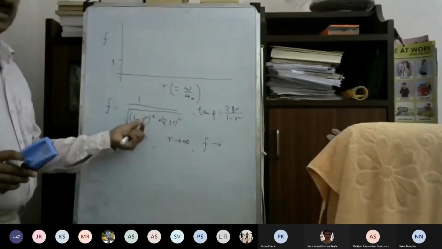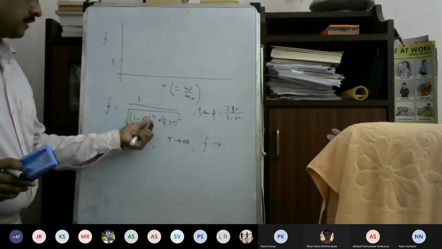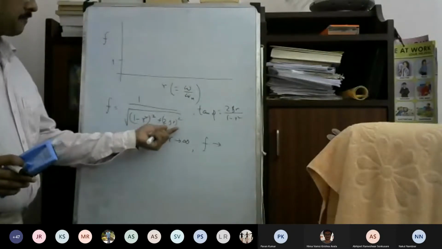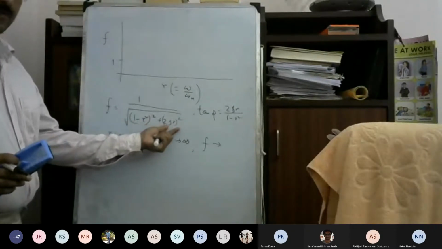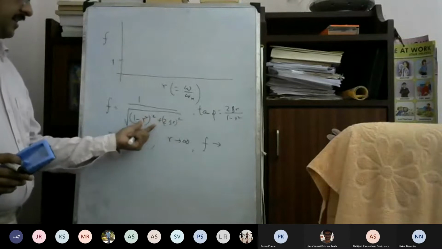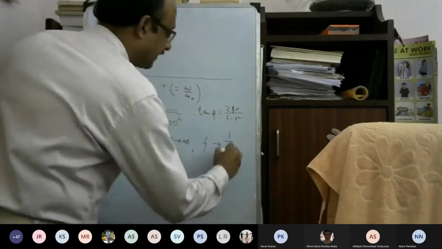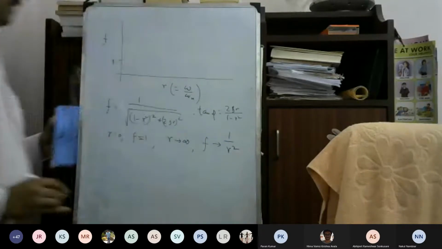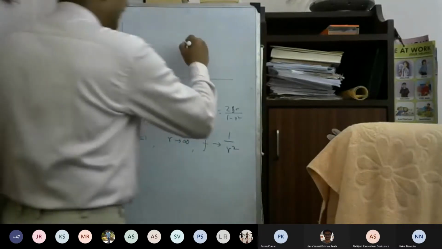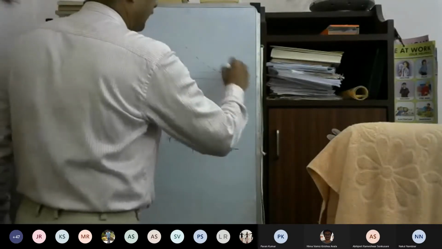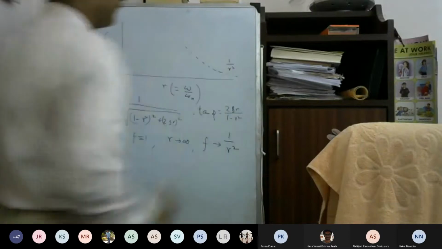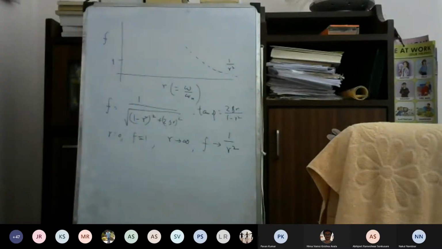R square will be much larger compared to 1, so therefore it will be r to the power 4. R to the power 4 plus certain terms in r square, which are again very small compared to r to the power 4. So what remains is r to the power 4, and F will be 1 by r square. So it will decay like 1 by r square.